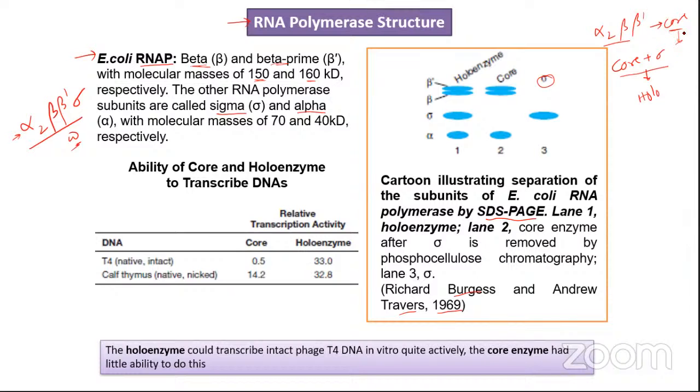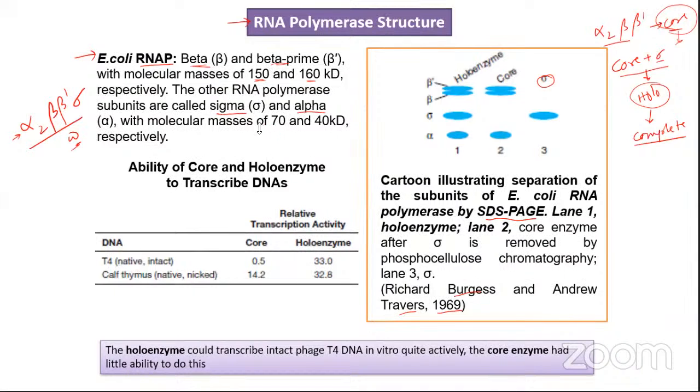So this is referred to as the core enzyme. However, when we add the sigma subunit to the core, then it is referred to as the holo enzyme. Holo means it's a complete enzyme subunit composition. Okay. So from this point onwards, we will move ahead.